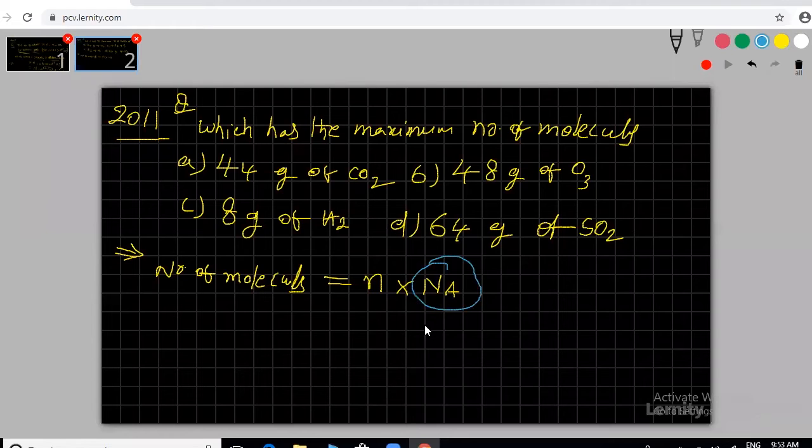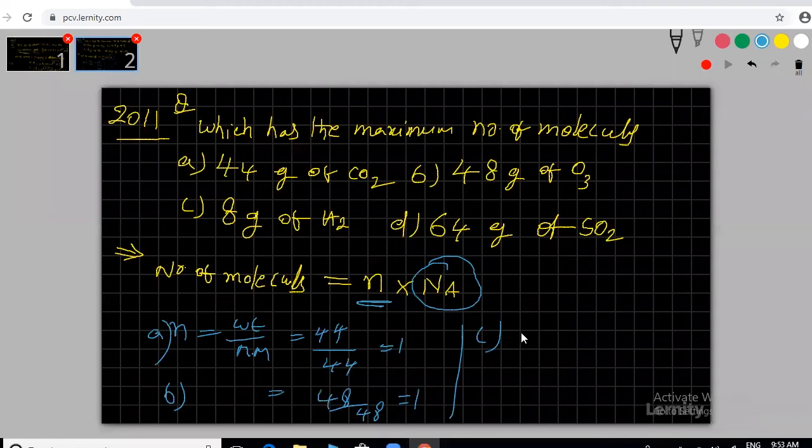This is the common point. We don't need to think about that, only think about n. Which one has the highest number of n? Higher the number of moles, higher the molecules. First case, n equal to weight by gram molecular mass. CO2: 44 by 44, you get 1 mole. Option B, 48 by 48, also 1 mole.